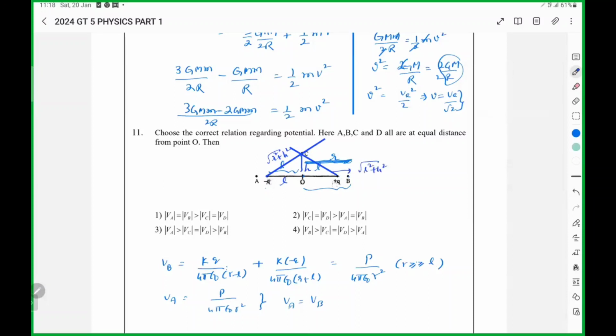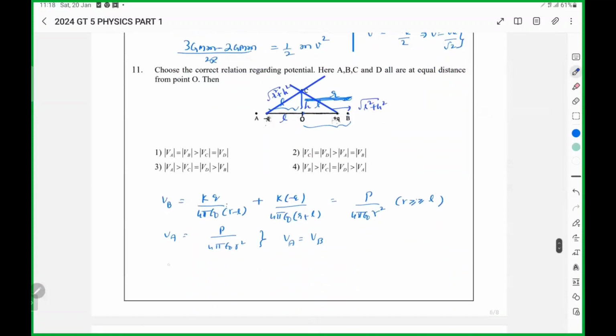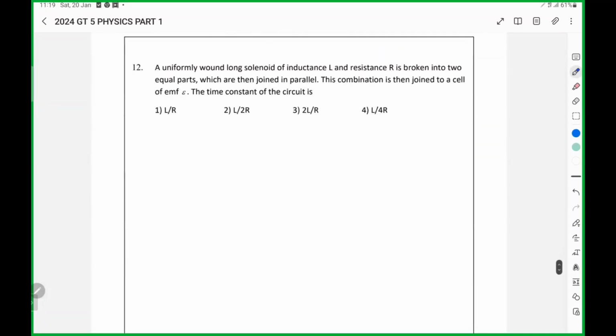They are at equal distance. Potential at C will be one is due to minus Q, other is due to plus Q, 0. Similarly, at D also same thing. So VB and VA are equal. VC and VD are 0. First option is correct.